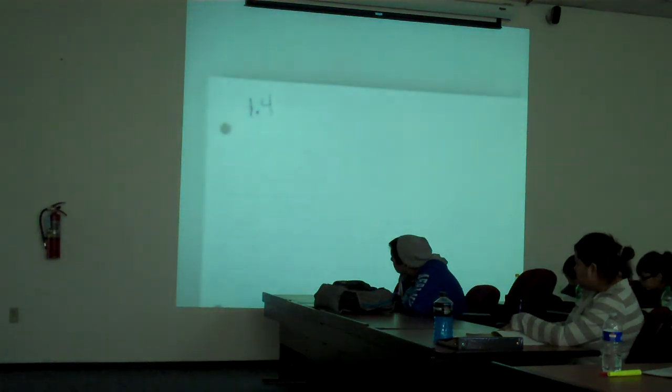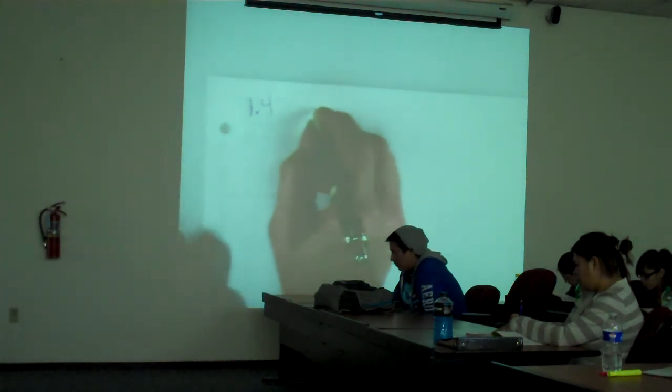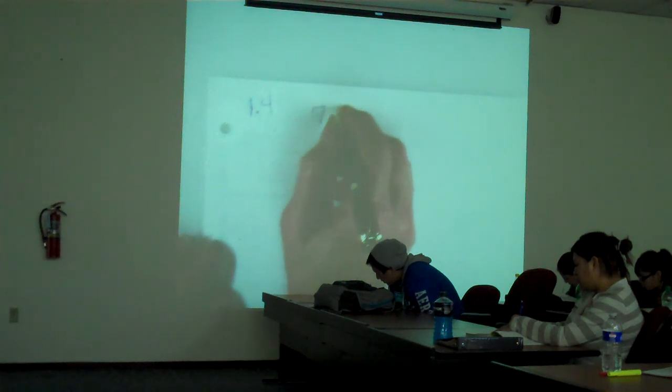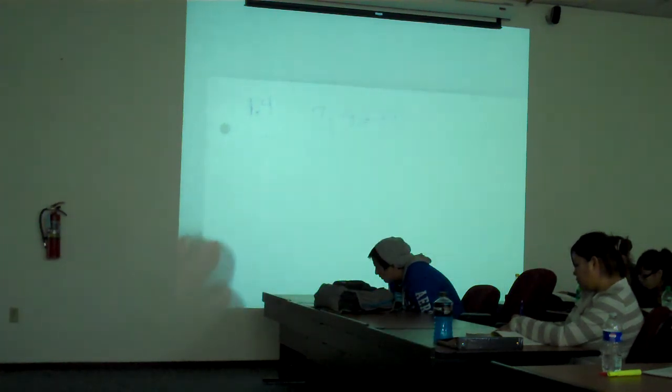1.4 is multiplication. And it starts out with just small numbers. If you have two numbers next to each other with a parentheses around one, like 7, parenthesis, 9227, parenthesis.